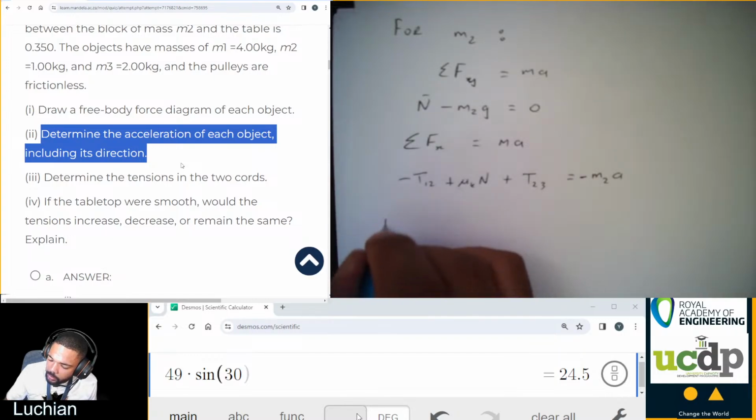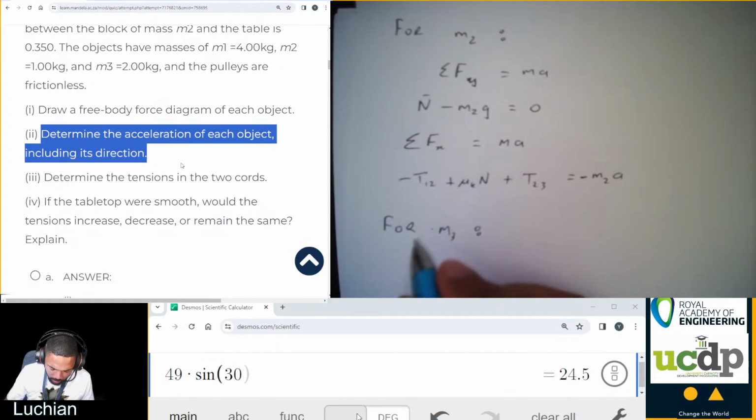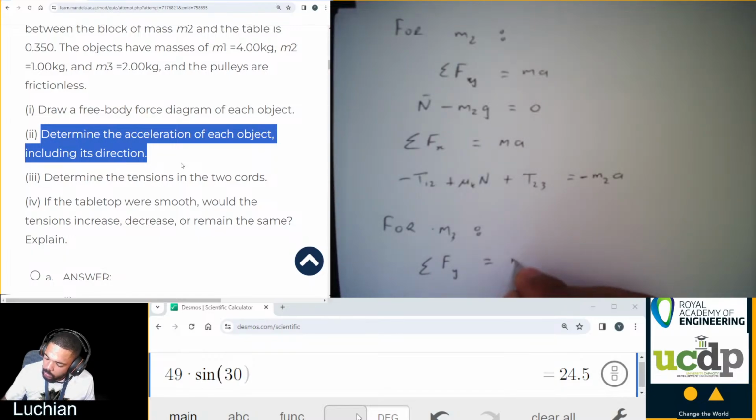Now for m3, beautiful car by the way, we have the sum of the forces in the y direction is equal to mass times acceleration in the y direction.